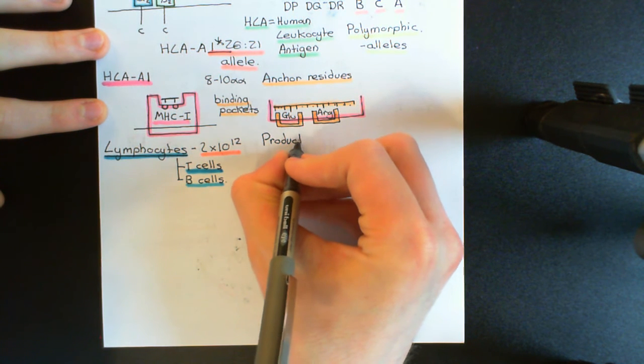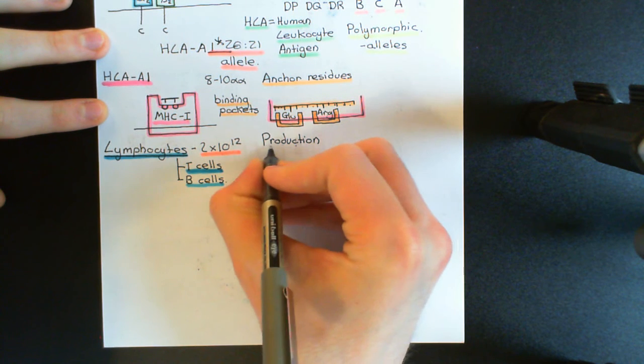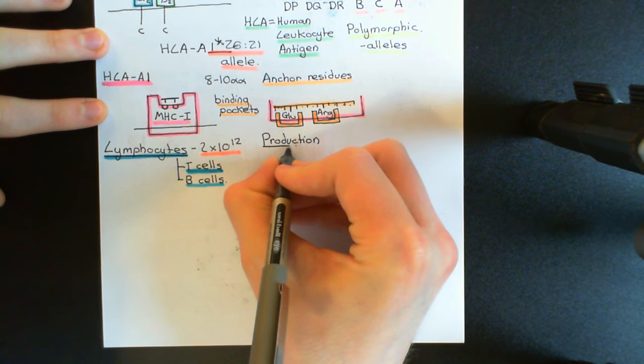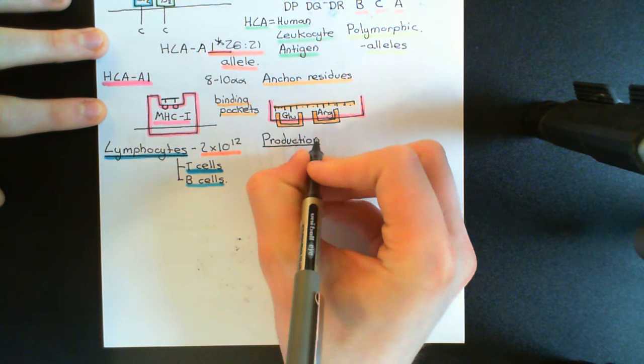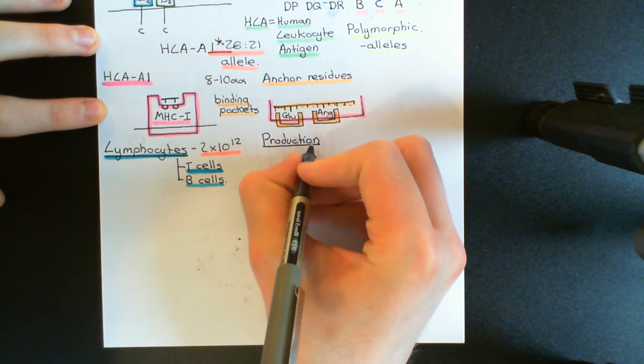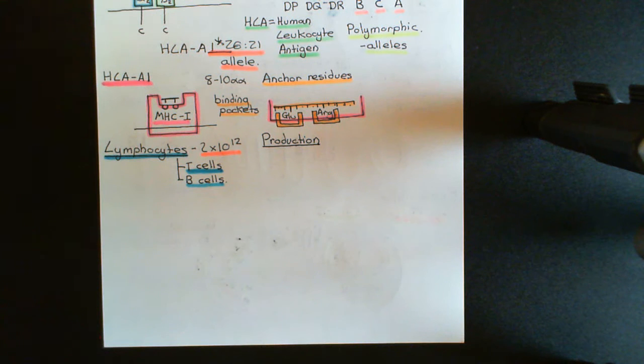Now, this is a complicated story, and the major complicating factor is that the thymus gland is extremely important in the production of T cells. But the thymus gland doesn't stay with you for your entire life. The thymus gland gradually involutes away, which means it gradually just disappears and is replaced by fatty tissue.